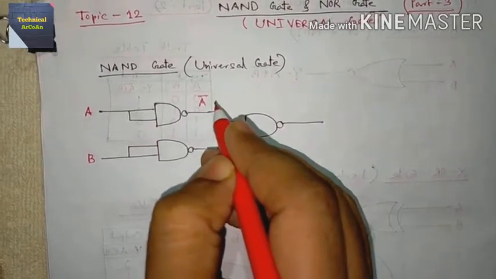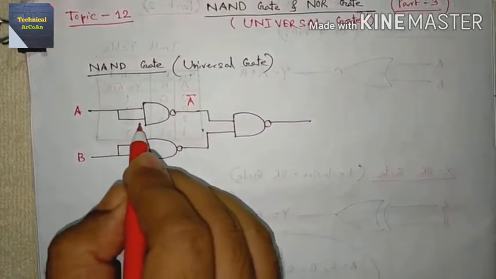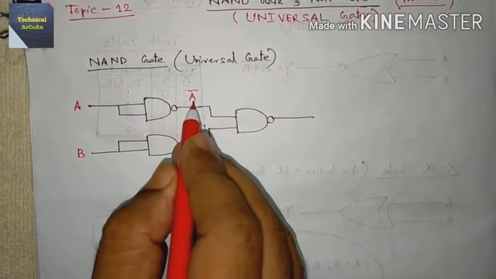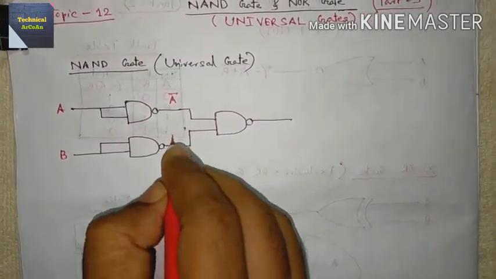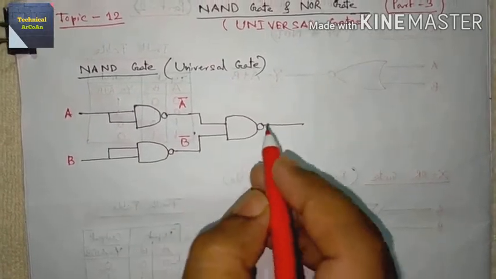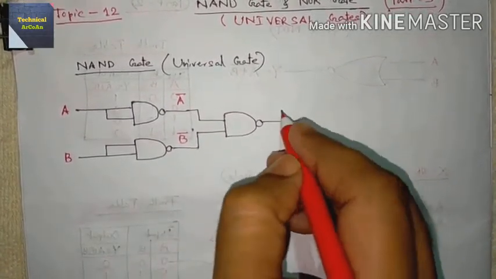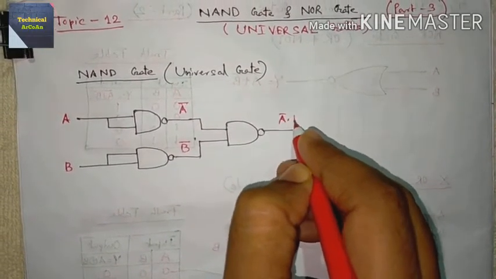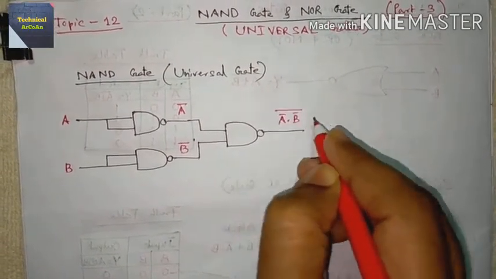In the first case, what will be the output? A complement. Why? Because both inputs are A, so A dot A and whole complement means A complement, and similarly this will be B complement. Now these inputs are A complement and B complement, so according to the NAND gate formula, A complement dot B complement in whole complement. What does that mean?